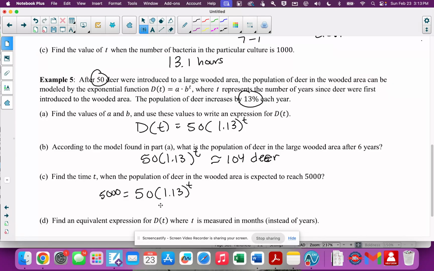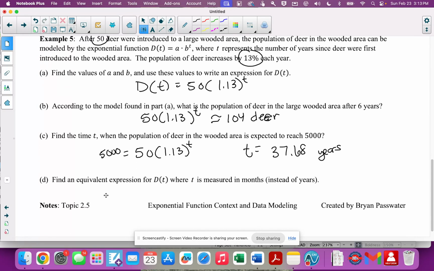It's one of those things, if you remember back from Algebra 2, as far as using logs and exponents, the actual answer in time would be 37.68 years. Okay, so as far as going into the calculator to actually solve it by graphing, you can do that in Desmos as well, where you graph the right side as one equation, the left side as one equation, and you're looking for their intersection.